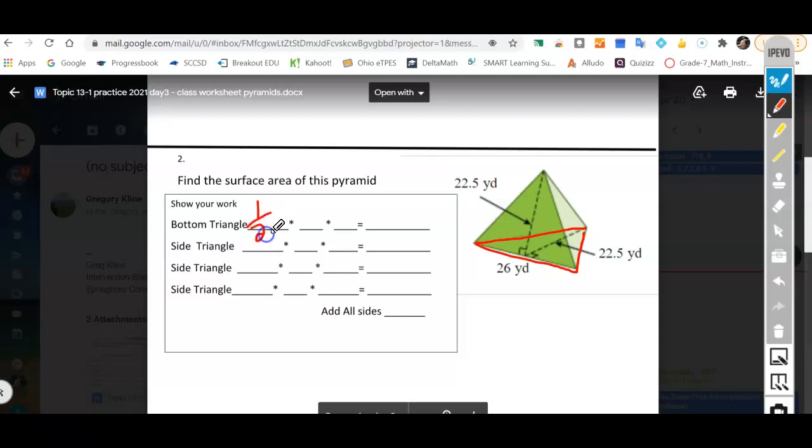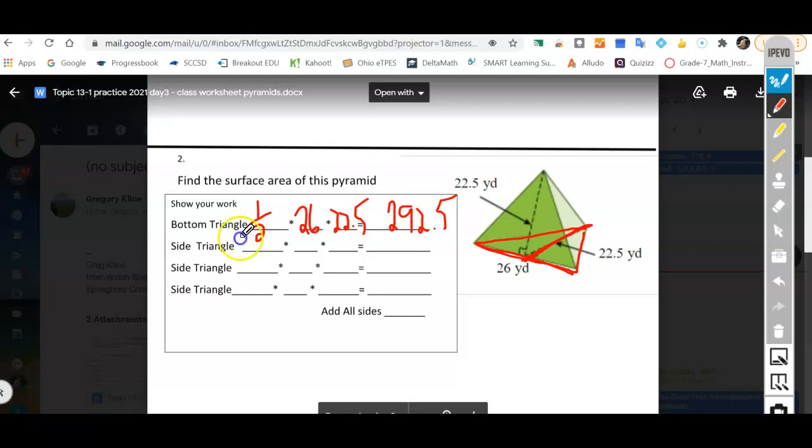So we're going to go 1/2 times 26 times 22.5. Because you can see that those are perpendicular on the base, right? Okay, what is that, Amir? 292.5.